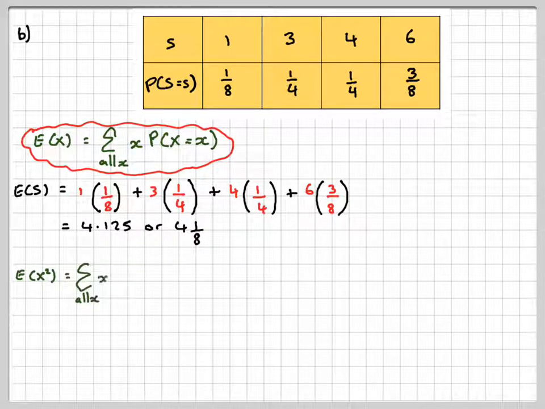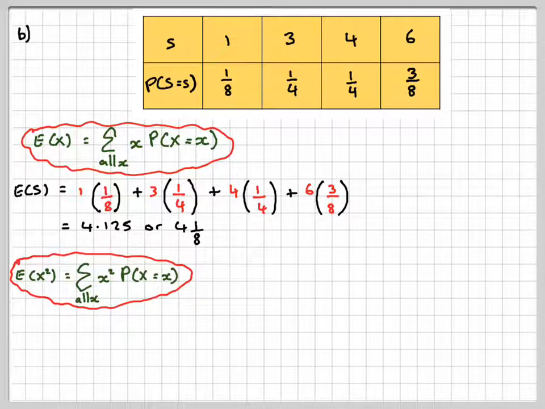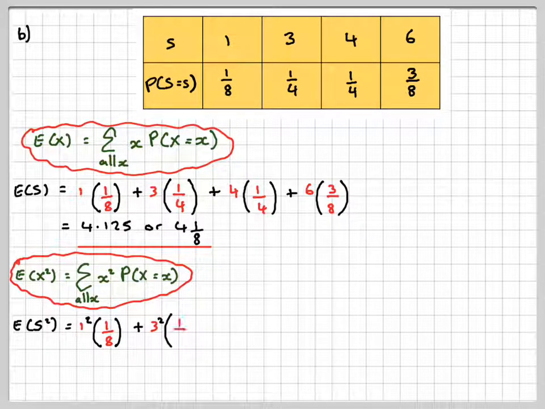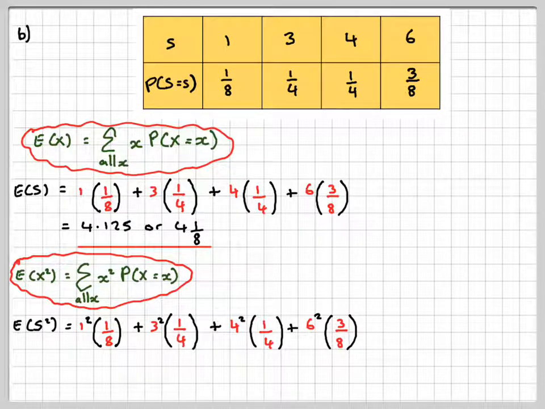We need to do E of X squared in order to find the variance. So E of X squared is the sum over all x of x squared times the probability that X is equal to x. So E of S squared will be 1 squared times 1/8 plus 3 squared times 1/4 plus 4 squared times 1/4 plus 6 squared times 3/8, and that gives me 19.875 or 19 7/8.